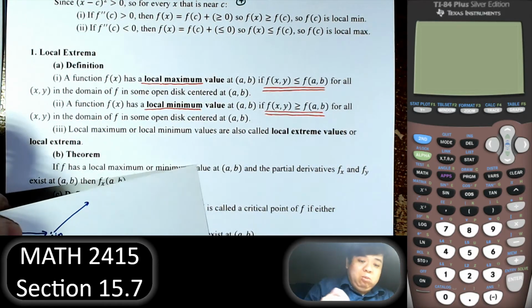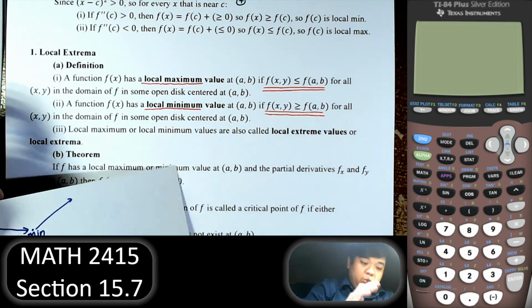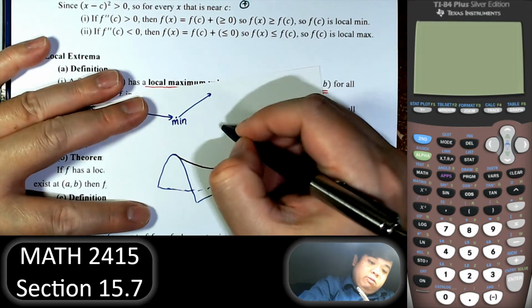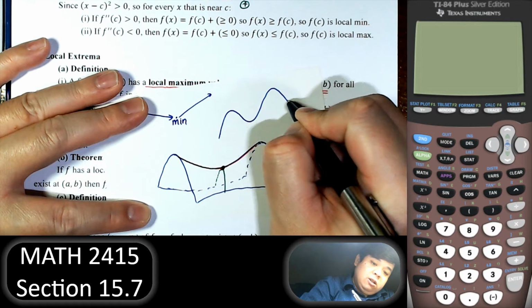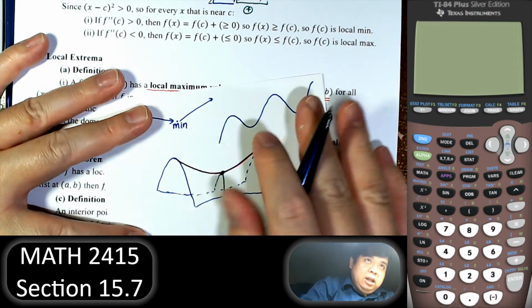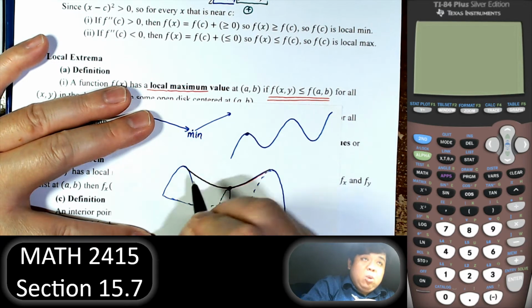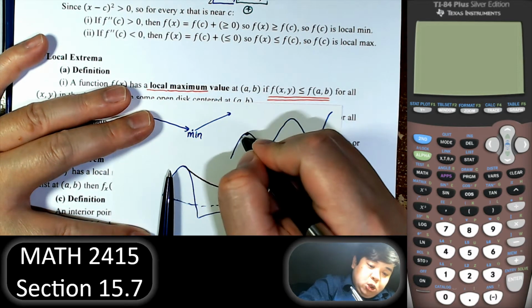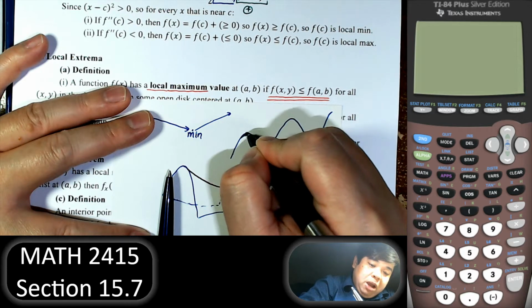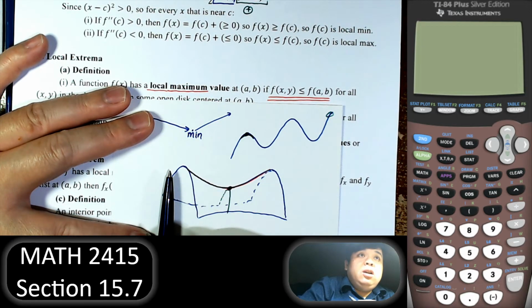Now, I will not draw this in multivariable. Just look at this function. This is the local maximum. We only compare it to the points around it. We don't compare this point to that point.